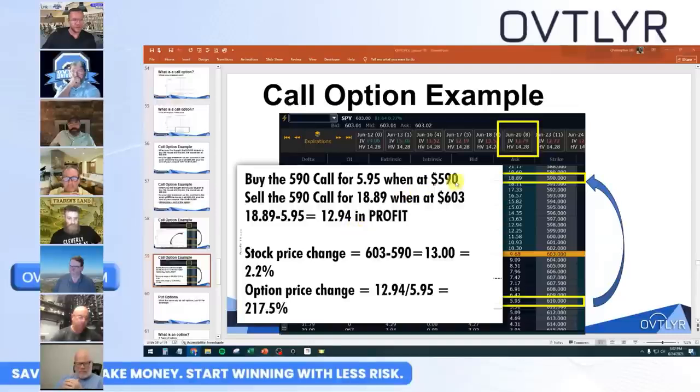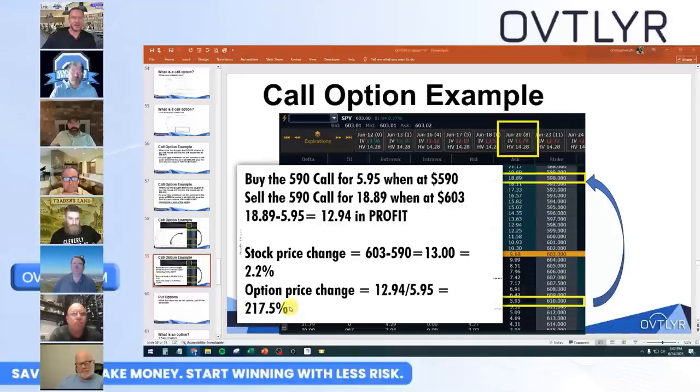Now, in this example, when the price was at 590 and then it went up to 603 on the stock, that was a $13 change, so a 2.2% change. But the option price went from 5.95, and we took $12.94 in profit, which means that the option price had a 217% gain.